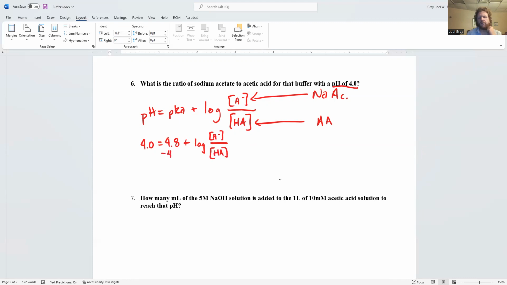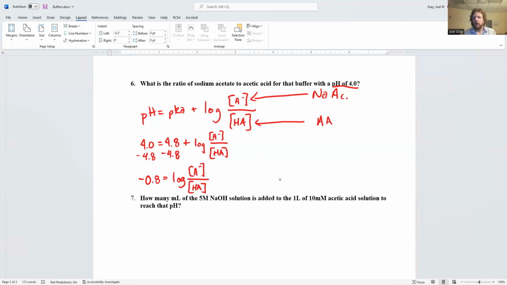Whenever I subtract 4.8 from each side, I get negative 0.8 is equal to log of the concentration of A minus over HA.